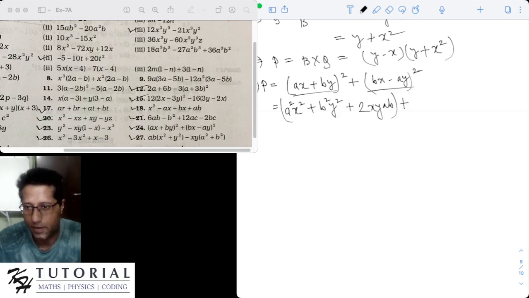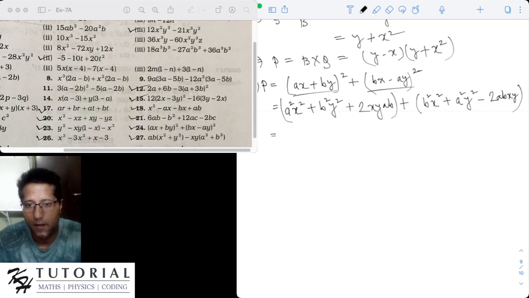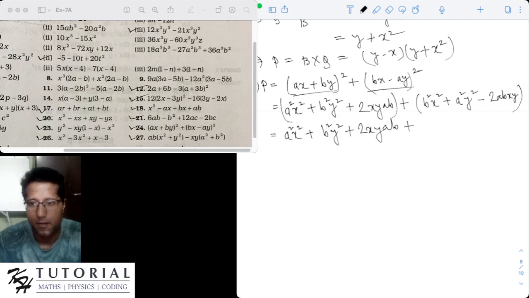If we expand the second square, we get b square x square plus a square y square minus twice ab xy. If we open the brackets, we get a square x square plus b square y square plus twice ab xy plus b square x square plus a square y square minus twice ab xy.